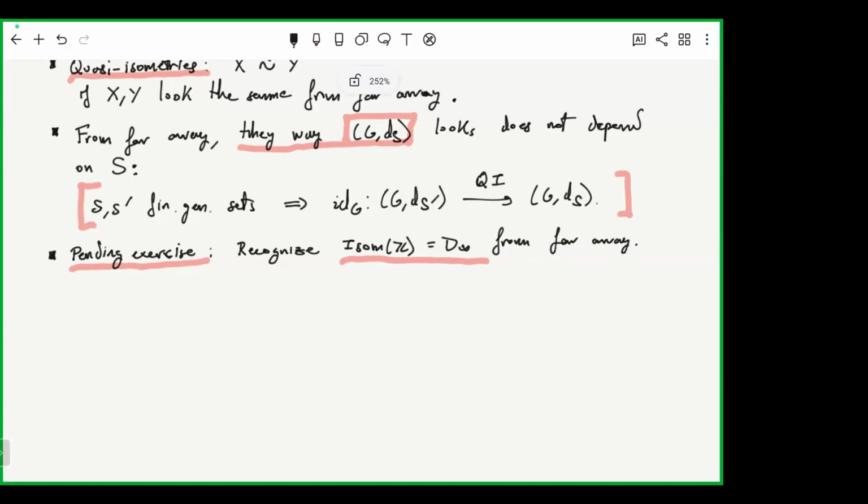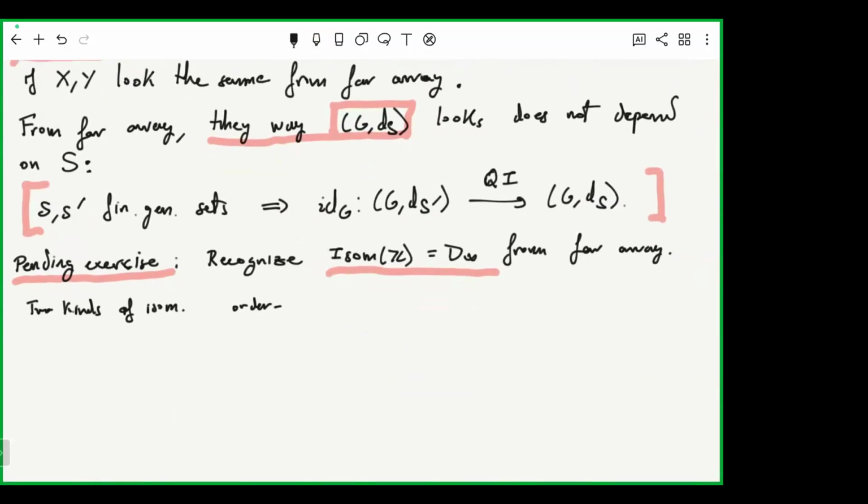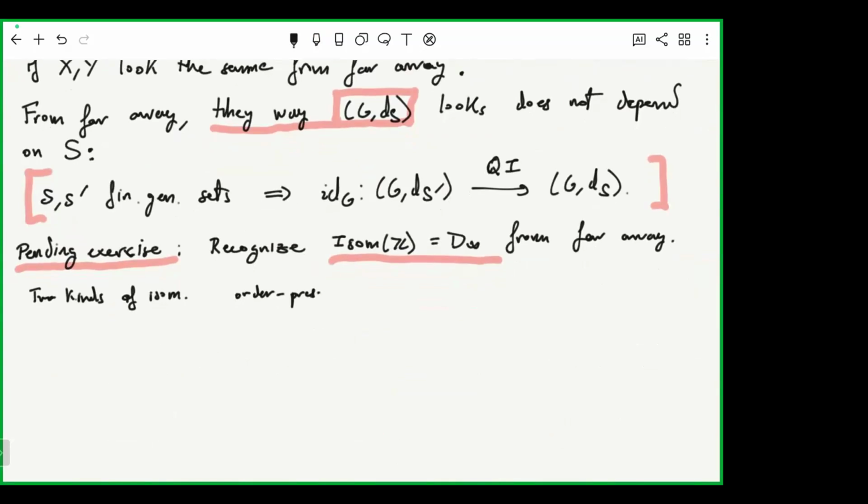Again, this is by definition the group of isometries, so distance-preserving bijections of the integers. And there are two kinds of such isometries. The order-preserving ones, or orientation-preserving, are basically translations, of the form where I send every integer x to x plus b.